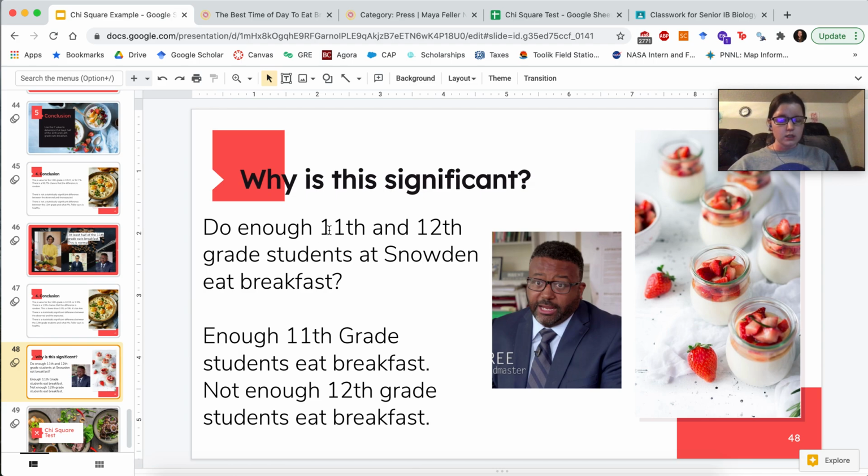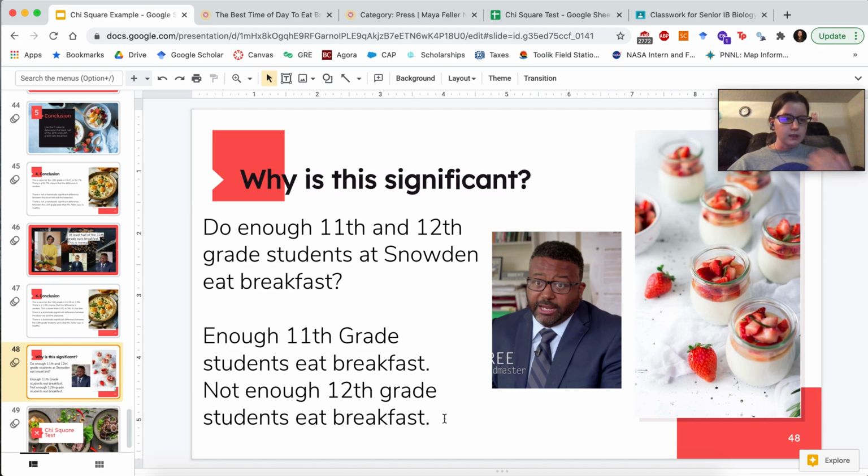Our research question is, do enough 11th and 12th grade students at Snowdon eat breakfast? Well, based on our statistical analysis, enough 11th grade students eat breakfast, but not enough 12th grade students eat breakfast. At Snowdon, the number of 12th grade students who eat breakfast is too low. And maybe we should do something in the school to encourage more 12th graders to eat breakfast.